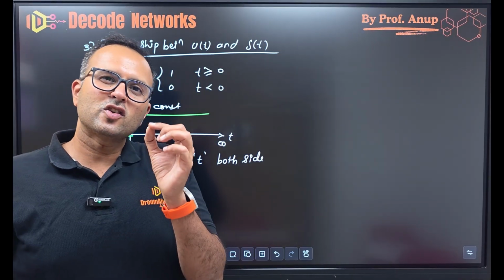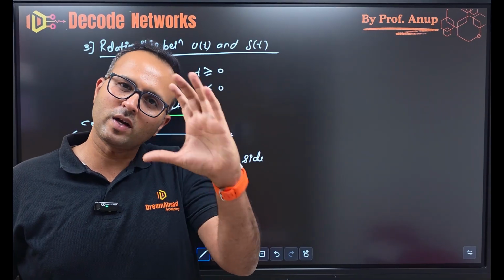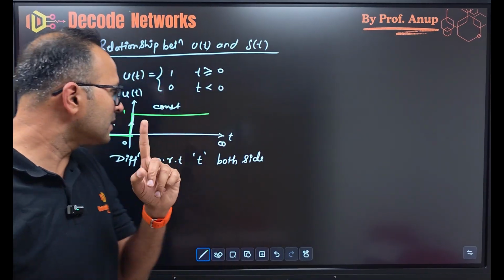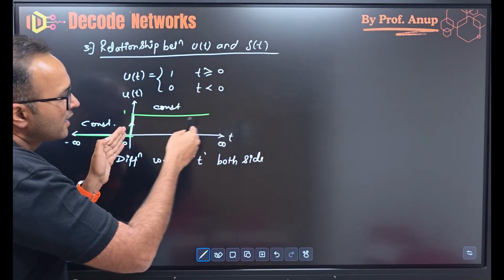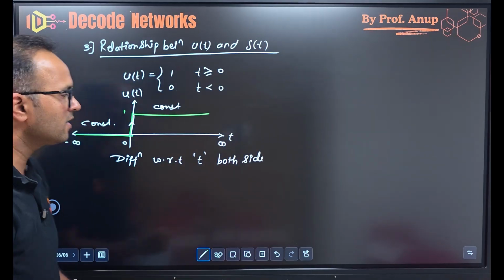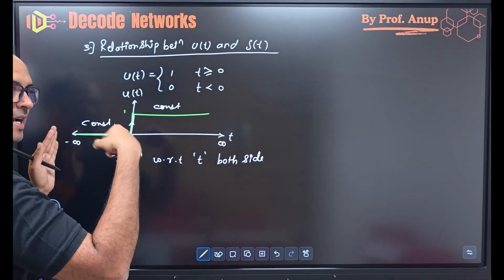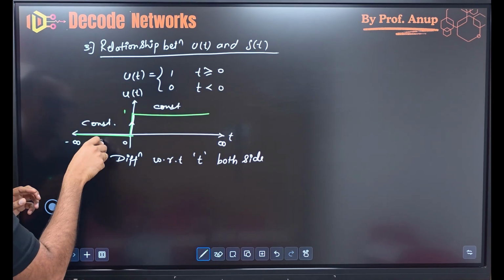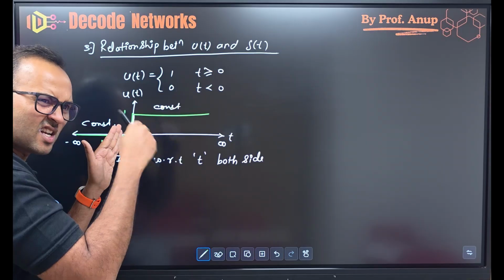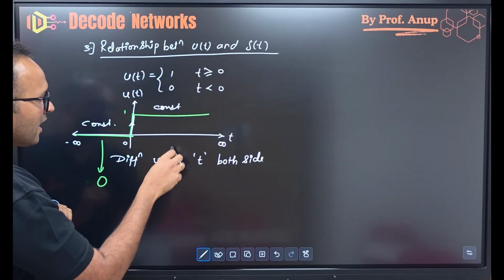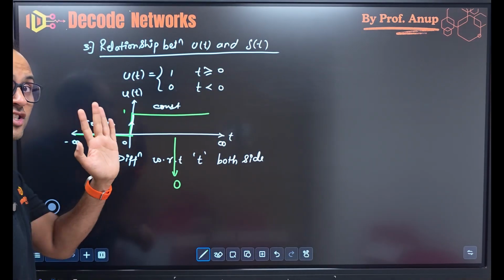So the rate of change of amplitude happened only at 0. Whatever amplitude changed, that was only at 0. Simple. So at 0 there was a change. After 0, again it was constant. That means when you differentiate from minus infinity to 0, you get differentiation 0 here. Just after 0 to infinity, again your amplitude is constant, so again your differentiation will be 0.